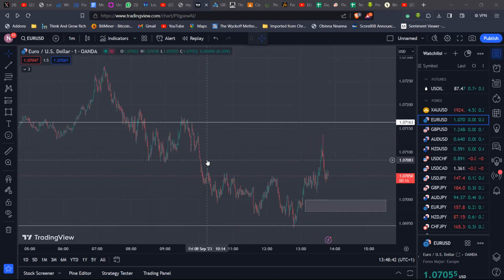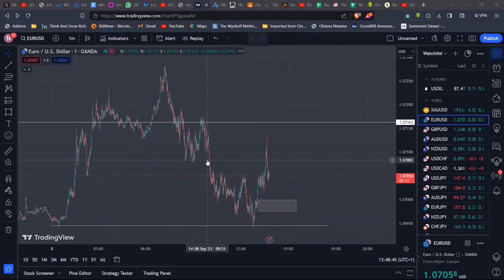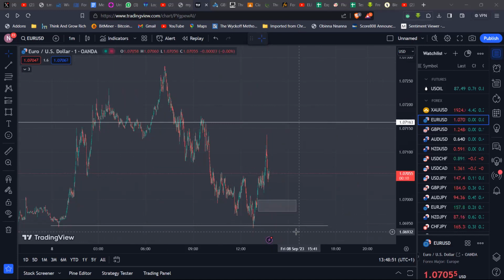Already, I have an idea as to why I want to take this trade and what I'm expecting. So I don't expect price to come down below here. This is the line I'm drawing here. So I don't expect price to come down below this area, right? That means my stop loss should be maybe 1 or 2 pips below it, just for spread, right?